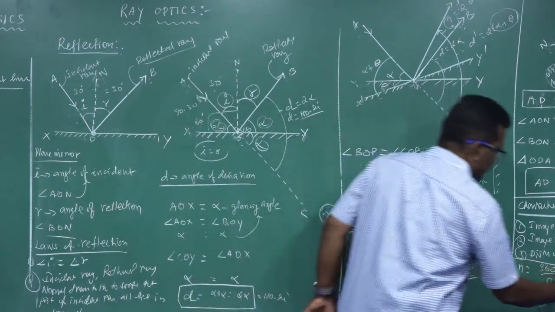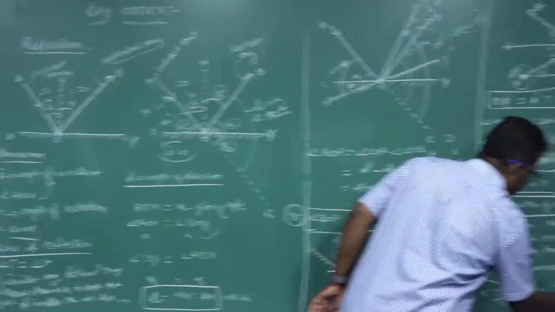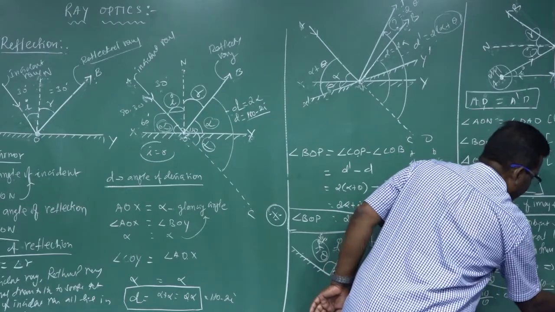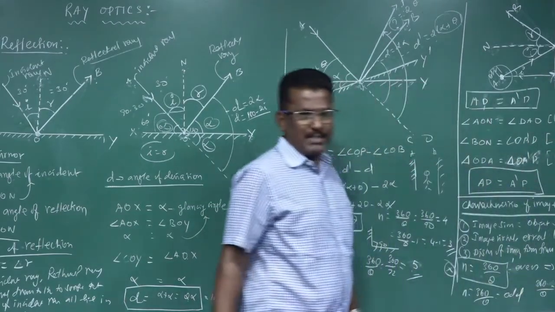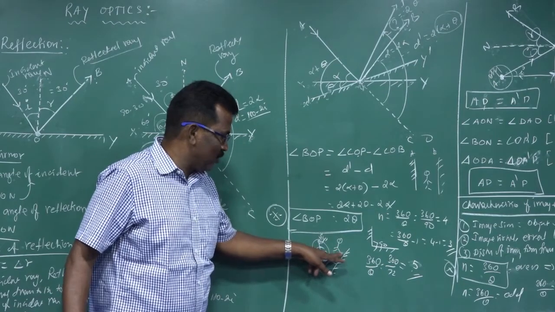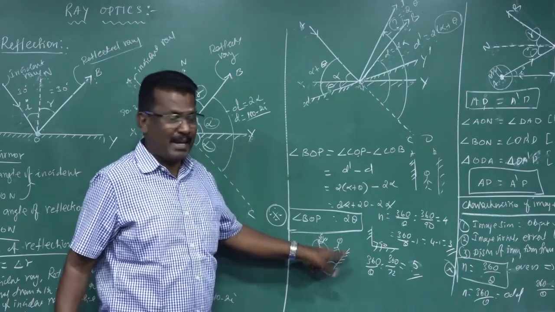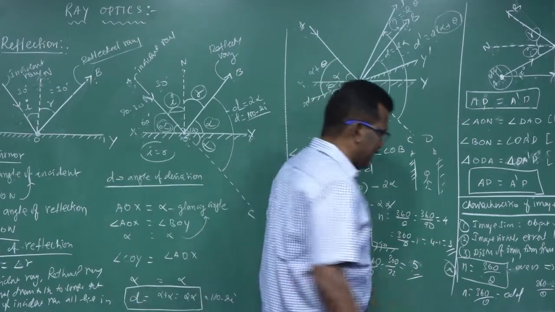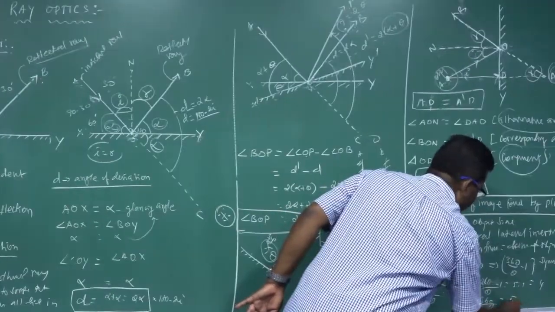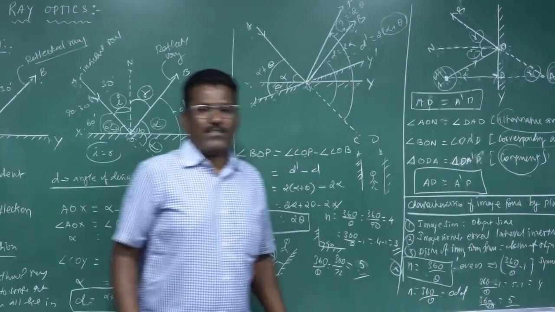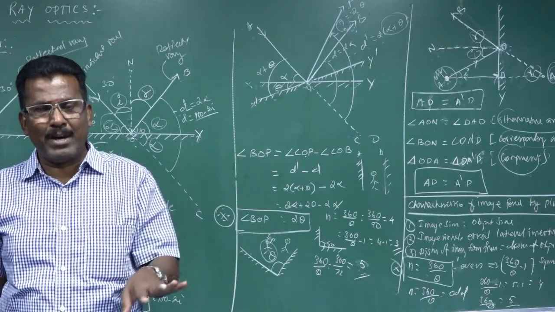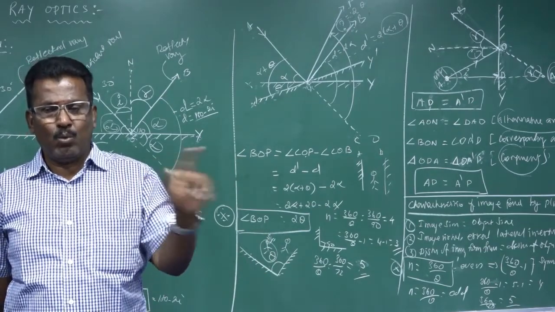Now use 360 by theta minus 1, so 5 minus 1 is equal to 4. If the object is very close to one of the mirrors, non-symmetrical, then 360 by theta is 5, and you keep it as it is. If it is symmetrical, in either the even or odd case, you subtract 1.